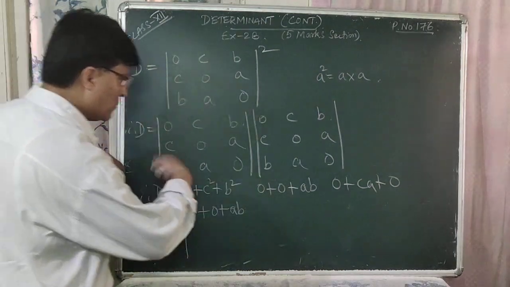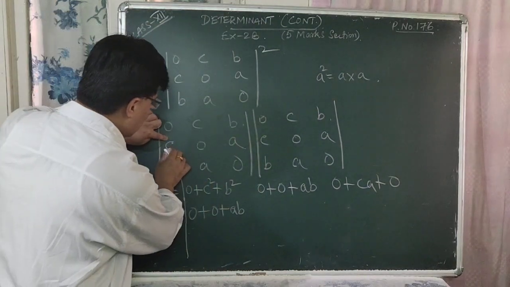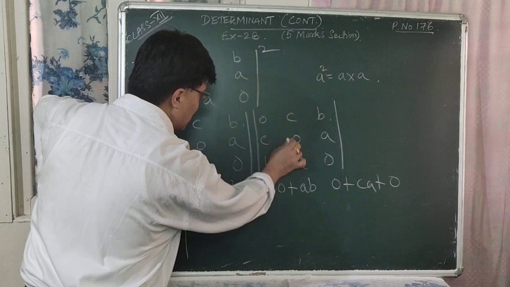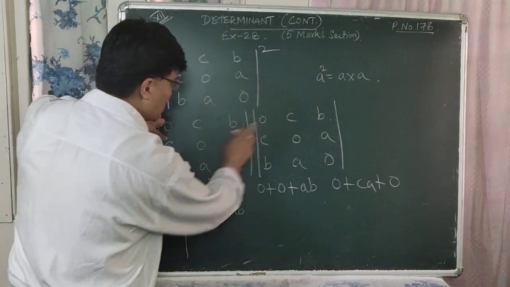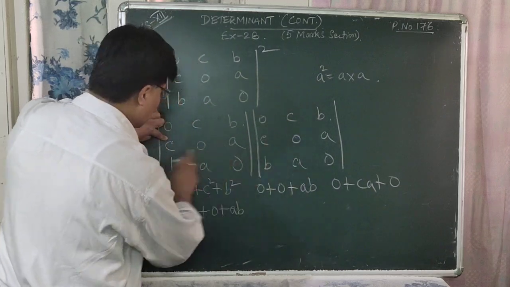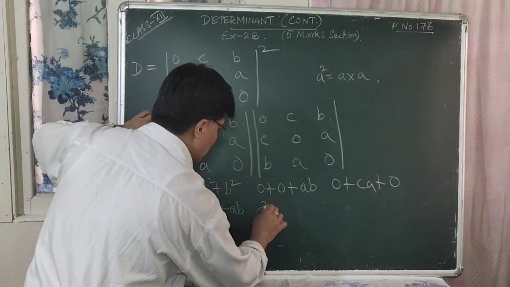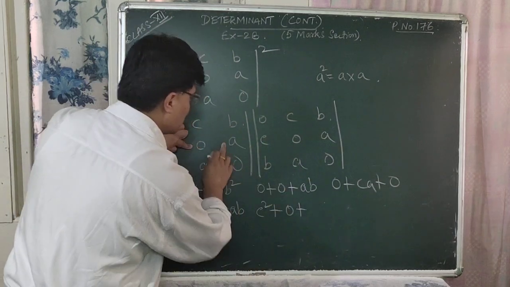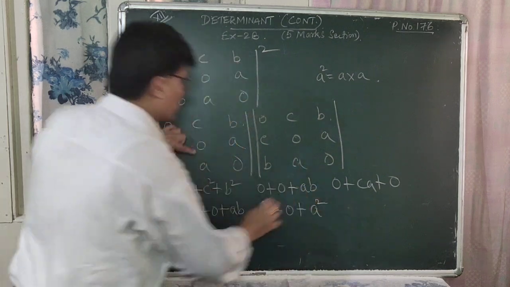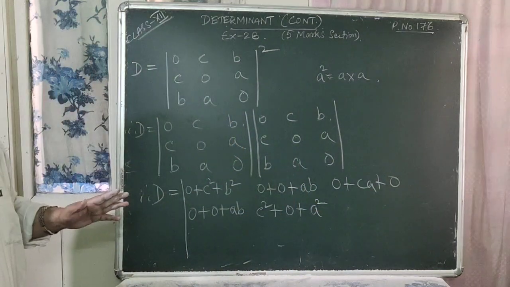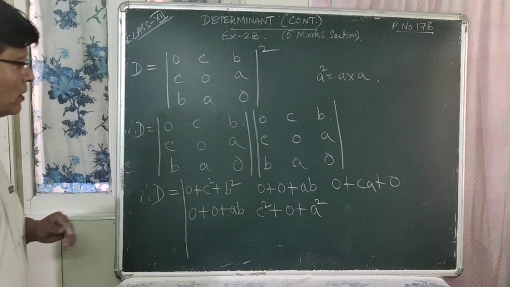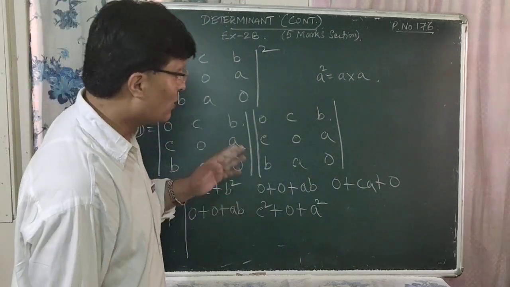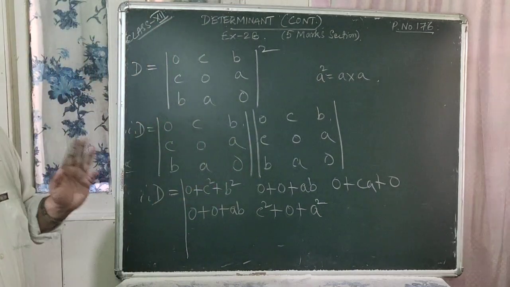Again, what will be the next element? Again, this second row is multiplied by this second column. The corresponding elements should be multiplied. That is c into c, c square plus 0 into 0, 0 plus a into a, this is a square. This is the second element of the second row. Now what is the third element of the second row?